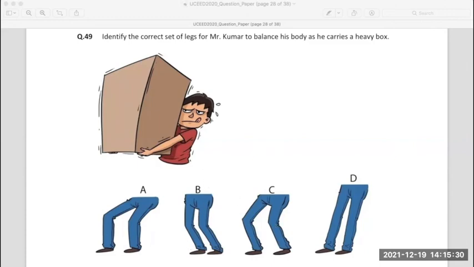In C, his legs are behind and the back part of the leg is in alignment with the top of the body, which is a good mechanism for transferring the load. So C is correct. In option D, his legs are ahead, but his upper body is towards his back, so he falls down towards the back with the load coming on his face. So option C is the correct one here.